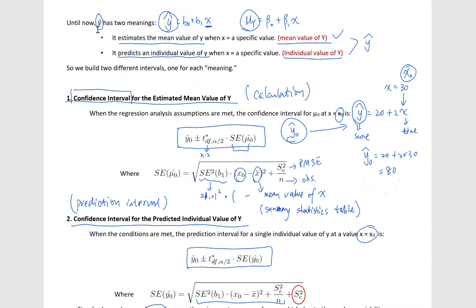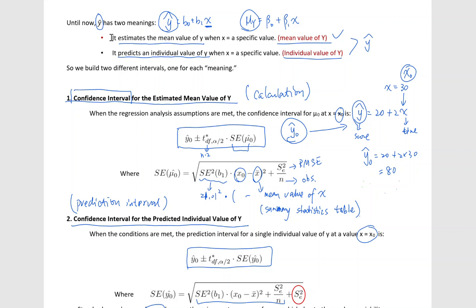But this y hat also has another meaning because this is about the sample. We want to use the sample to estimate the population, right? So we want to use the y hat to estimate the mu of y, which is the mean value of y.